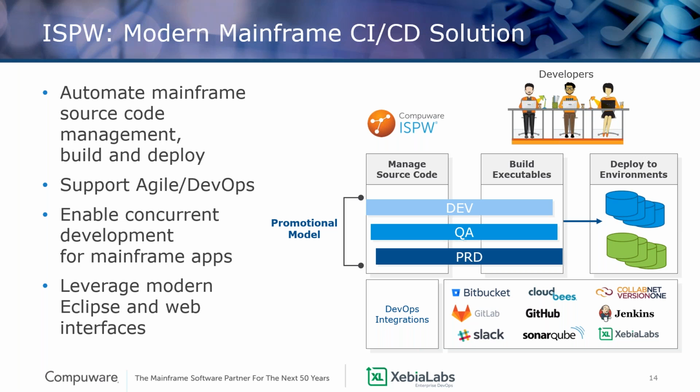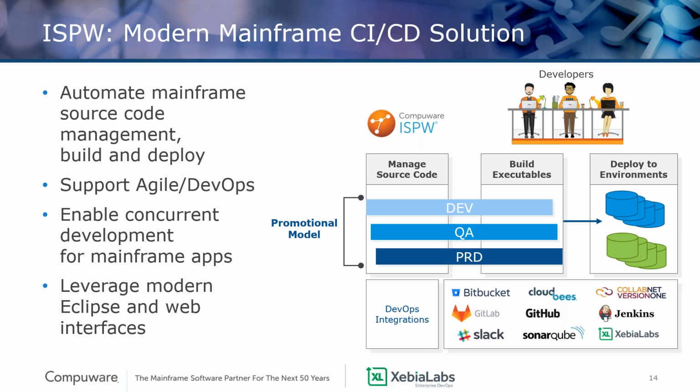Thanks, Dean. ISPW is a modern mainframe CI/CD solution. It enables you to automate mainframe source code management, build, and deploy.